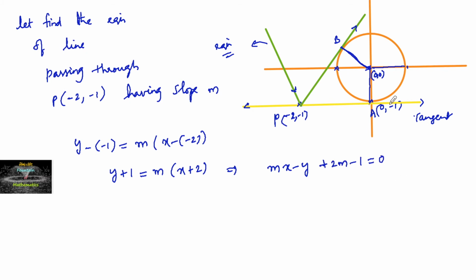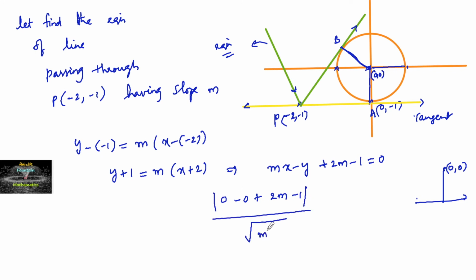So let's find the perpendicular distance from the center 0, 0 to this line, which is equal to 0 minus 0 plus 2m minus 1 upon root over m square plus minus 1 whole square, which equals 1 unit.